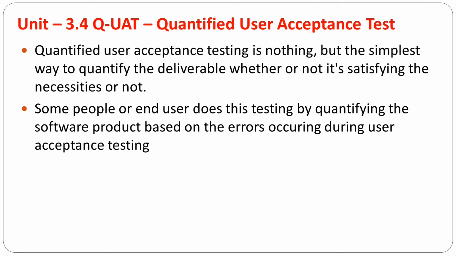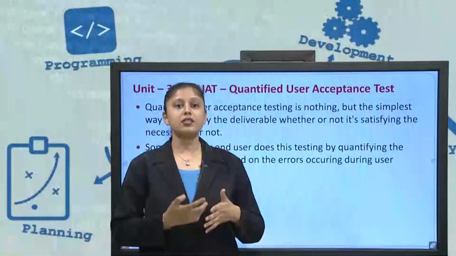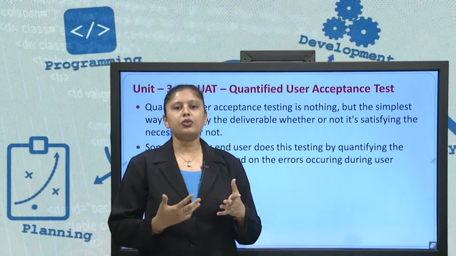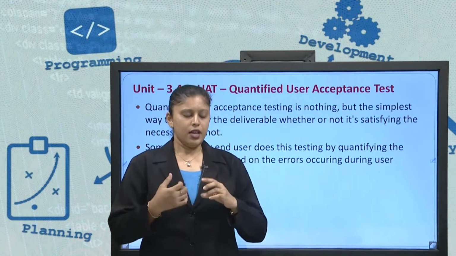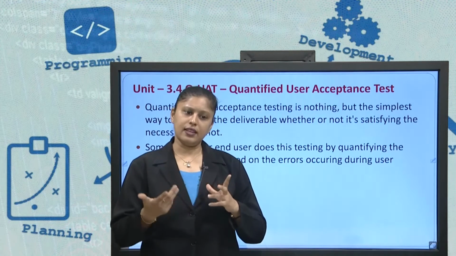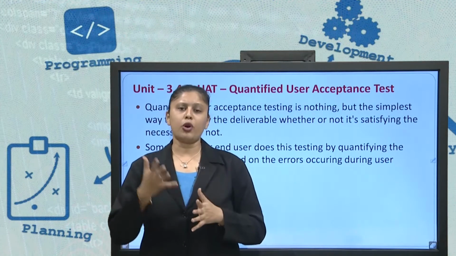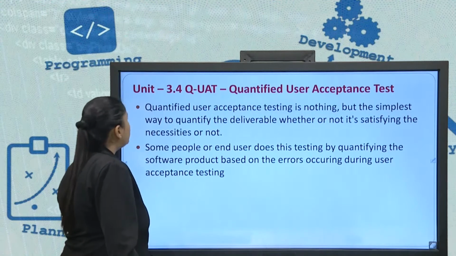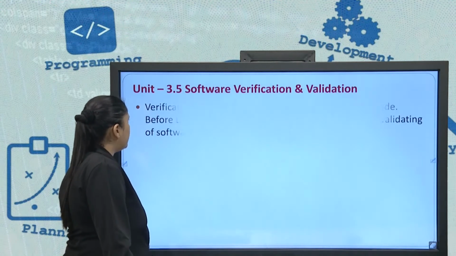So while users are testing my product, if they encounter some errors, those errors also count into the QUAT. If there are a lot of errors, then that means the product is not sufficiently proper. So that is also counted into QUAT.